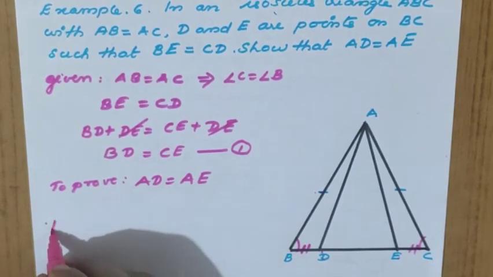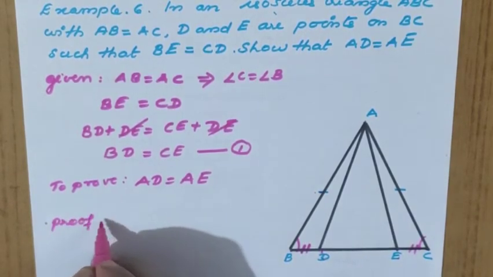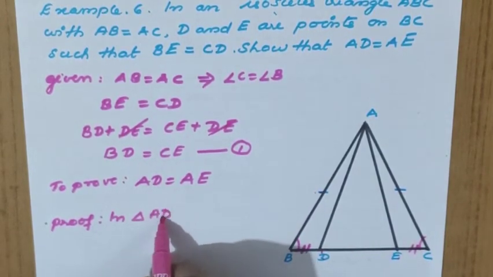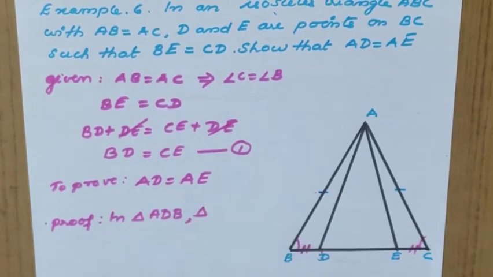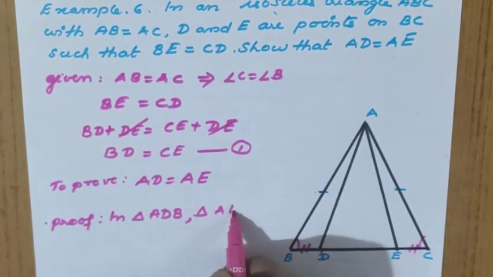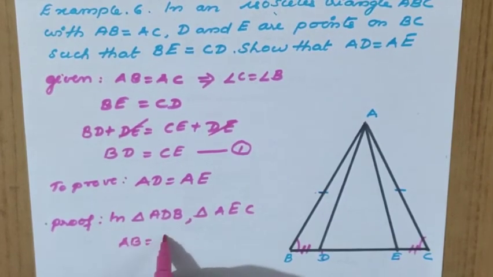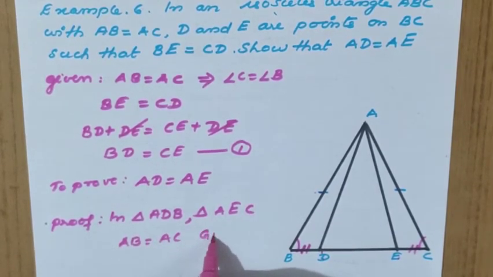Now the proof. No construction. Which triangles should I take? Already I explained, triangle ADB and triangle AEC. In that, AB equal to AC, given.